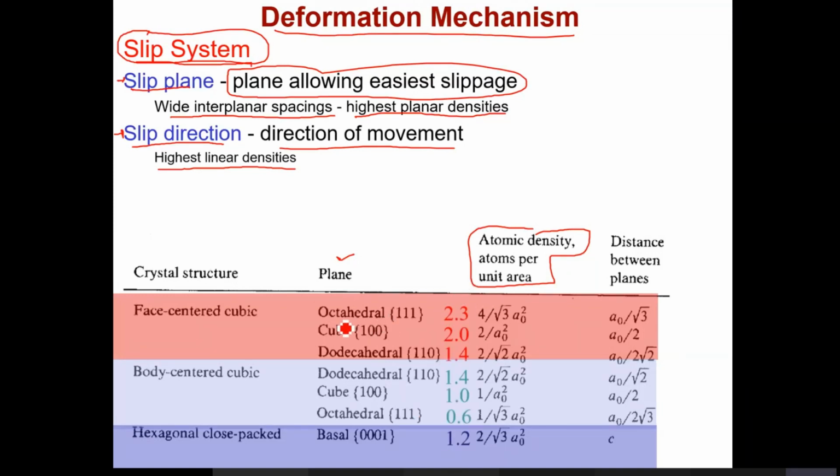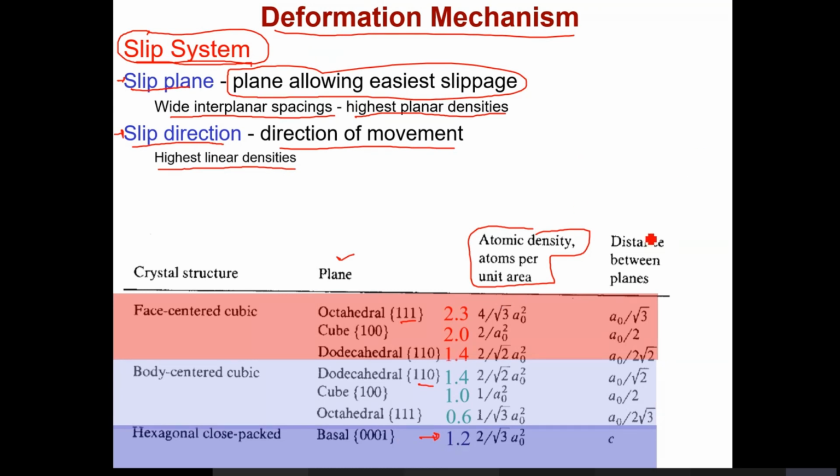In FCC, {111} planes have the highest atomic density. In BCC, the {110} plane has the highest density, and in hexagonal, it is easy to see that the basal planes have the highest atomic density.